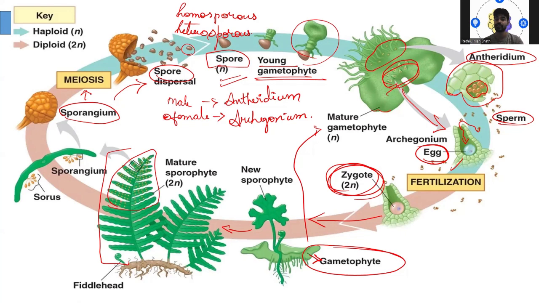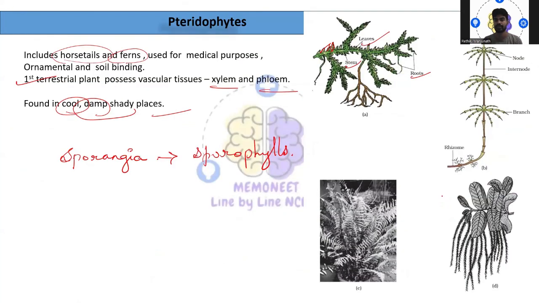So this is the basic thing about the reproduction and the cycle in pteridophytes. Clear? And there are some general examples of pteridophytes. One example I can give is this, which is called Selaginella, and this is called Equisetum.